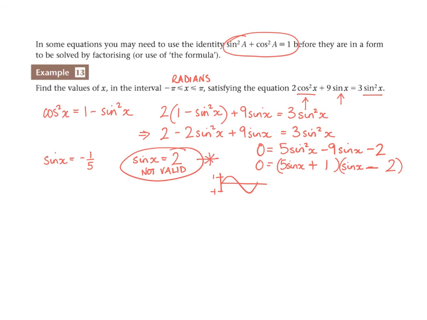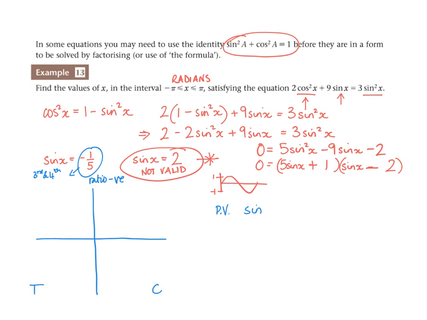Right, we're back to where we started again. We have a ratio, and that ratio is negative. If it's a negative ratio, it's going to be in the third and the fourth quadrant. So that tells me third and fourth quadrants. And then we'll find the principal value by doing the inverse sine of a fifth only, because that gives us the acute angle.